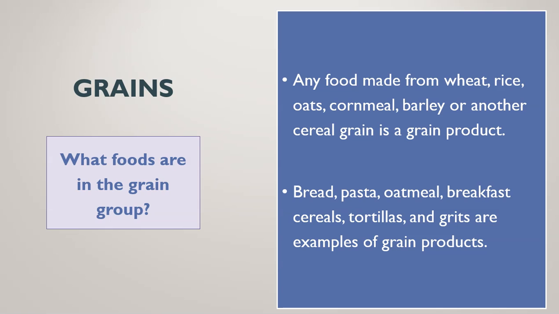Grains include wheat, rice, oats, cornmeal, barley, or any other cereal grain is a grain product. So what that translates into when it comes to our foods, in this grain category, we're really looking at breads, pasta, oatmeal, breakfast cereals. Those are all examples of grain products.